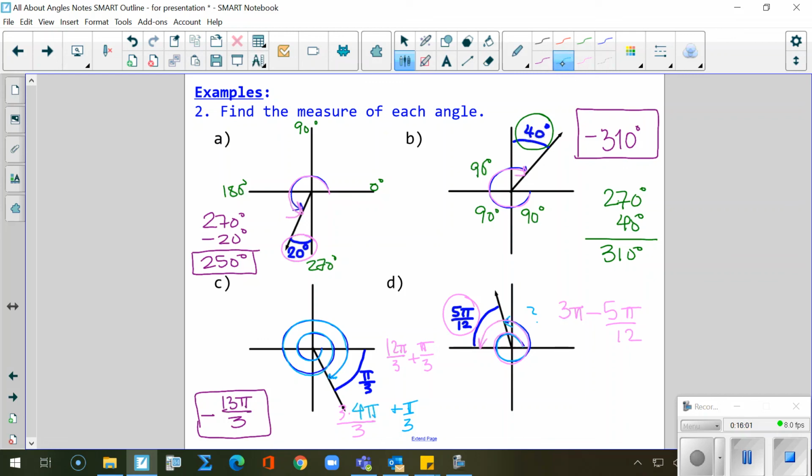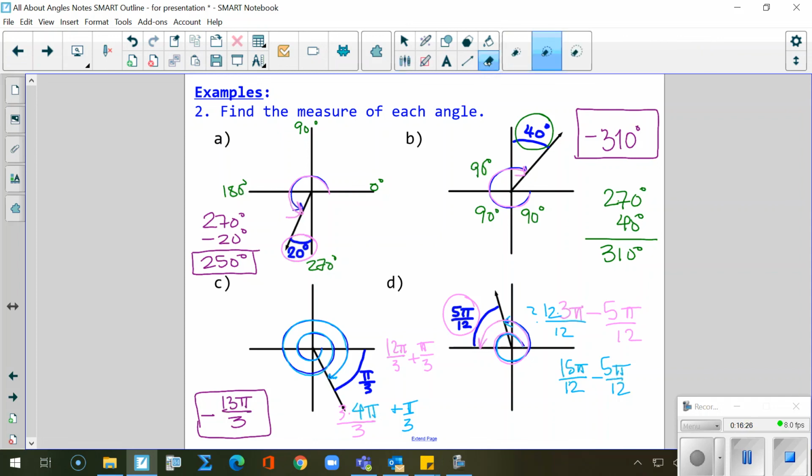I need a common denominator, so I'm going to multiply by 12 over 12. That gives me 15 pi over 12 minus 5 pi over 12. No, I did some bad math there.